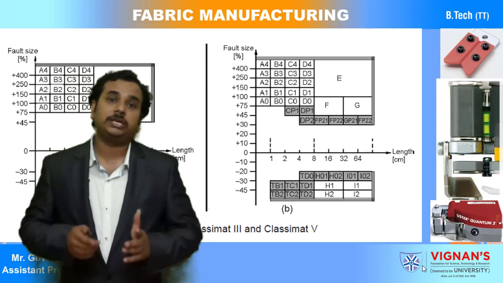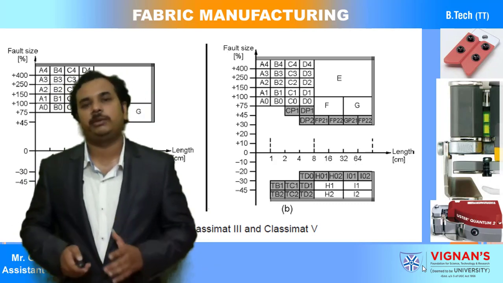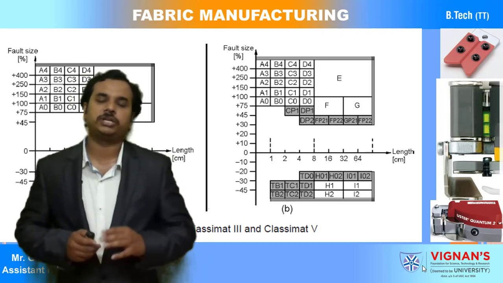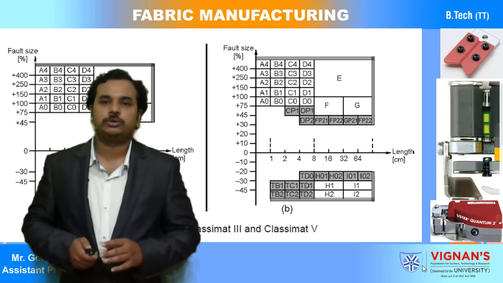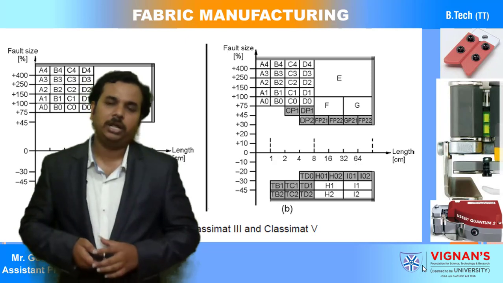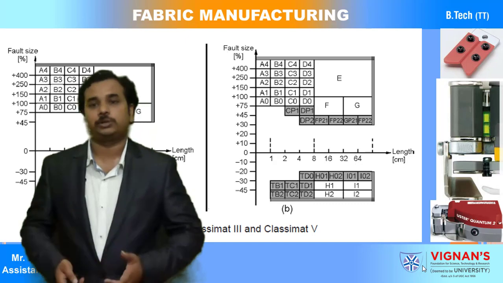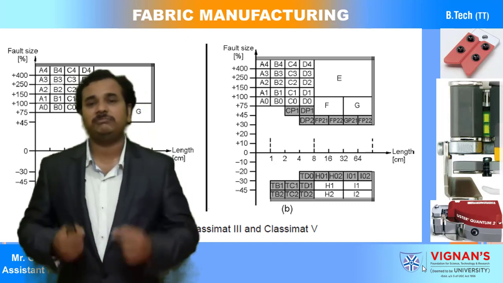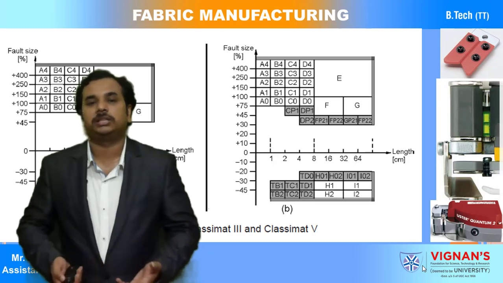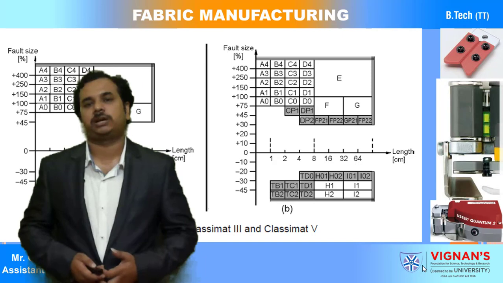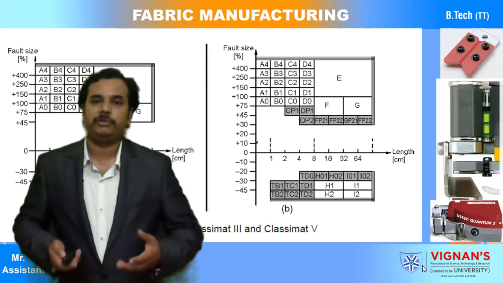That is why the yarn clearer is very important to detect and remove the yarn faults present in the yarn. So this is how yarn classification occurs, and the subcategory is also done so that we can remove even the smallest weak place present in the yarn. The sensitivity levels are much higher in the case of yarn clearers.